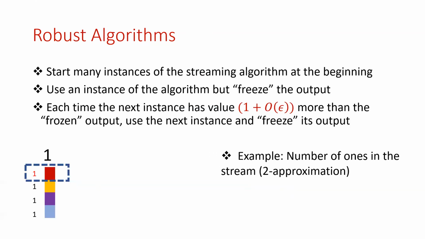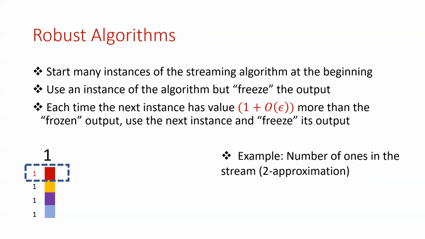So let's consider the previous problem where we would like to approximate within a factor of 2 the number of ones in a stream of bits. And let's suppose that we have 4 algorithms running, the red, yellow, purple, and blue algorithms. And we've chosen to output whatever the red algorithm outputs at the first bit of the stream. So we see a 1.